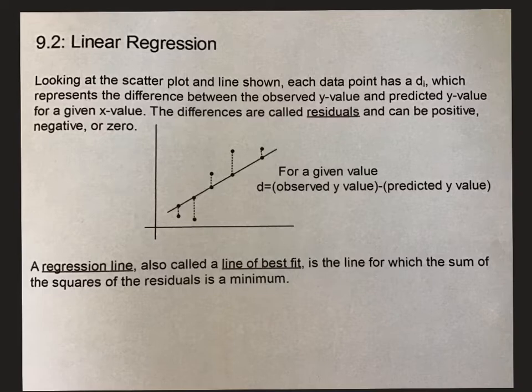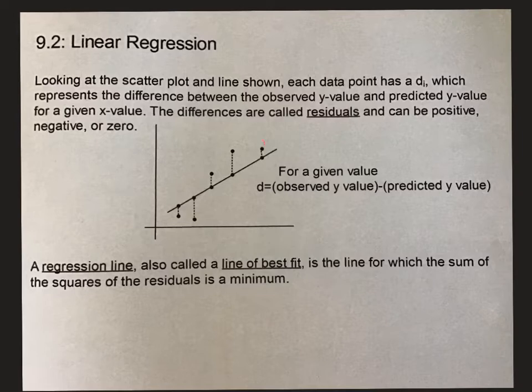Now, if you're looking at this graph here, you have points on the line and then you have points above or below it. Those points above or below it are the actual points in your scatter plot. And then the points on the line are directly above or below it, so vertical lines from those points on the scatter plot to that line of best fit.